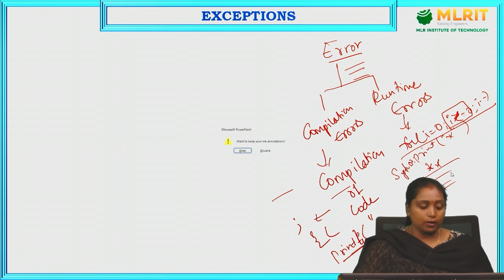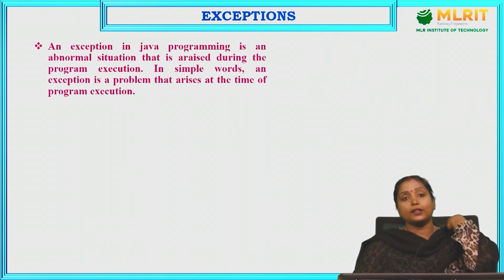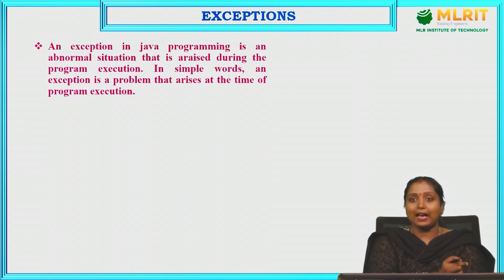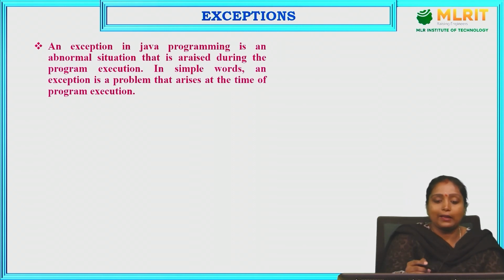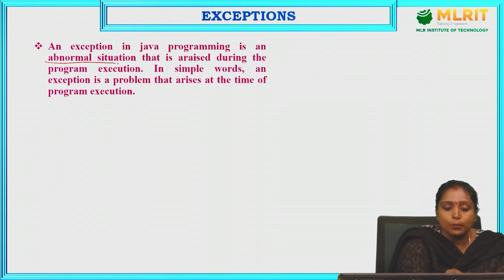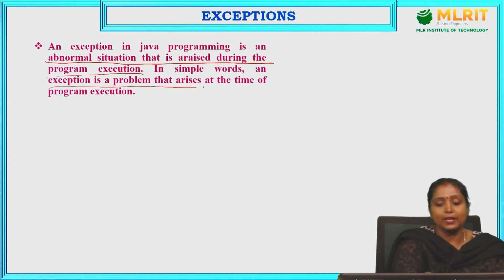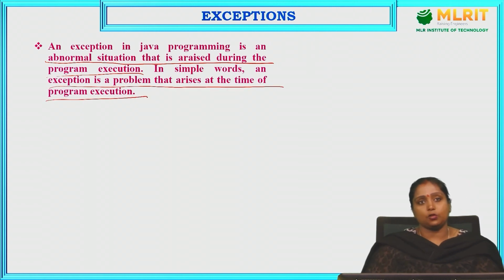Then, what is an exception? An exception is an abnormal situation that arises during execution of the program. While executing the program, if any problem occurs, it is said to be an exception. In simple words, an exception is a problem that arises at the time of program execution.